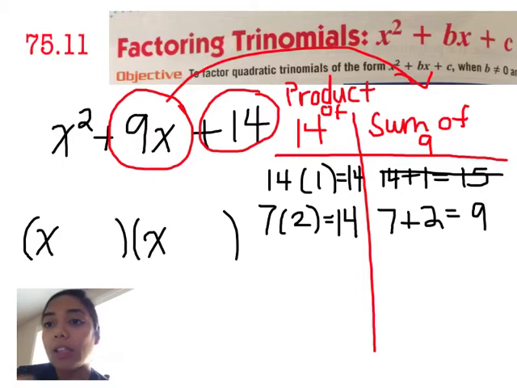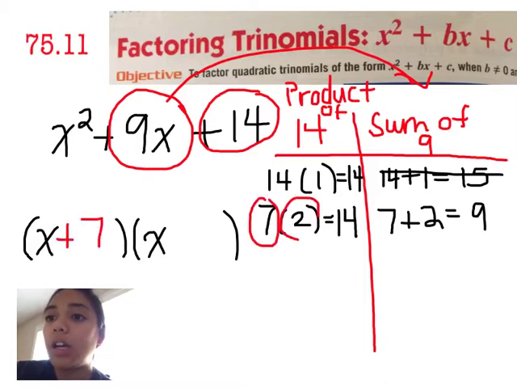And they look like x plus something times x plus something. Well, all you're doing is plugging in the numbers that you get. This is a positive 7, so you're going to put plus 7. This is a positive 2, so you're going to put plus 2. So this is your answer. You're working backwards again.